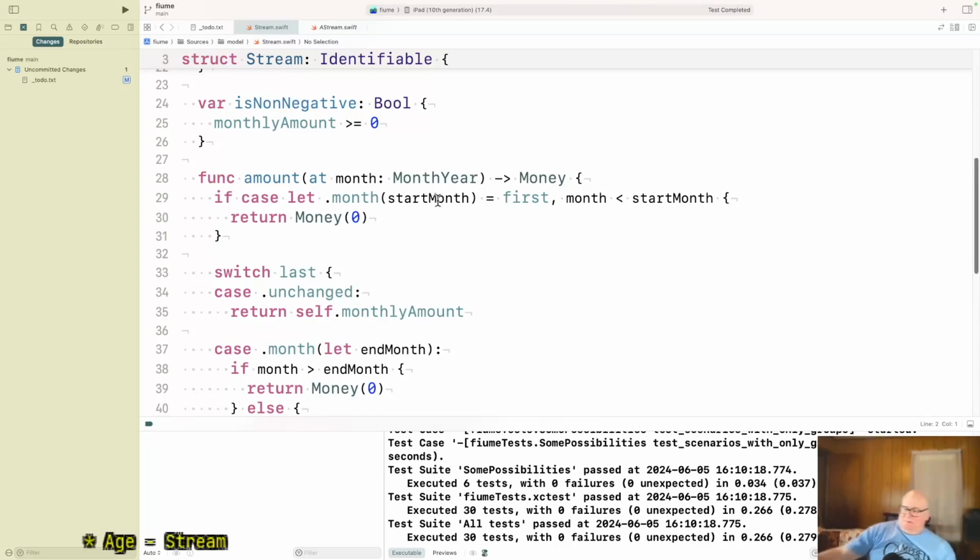So I feel like we're still missing a piece, right? If I tell you to calculate the value at a month year for such and such an age. Oh, I had said we wanted to do person and age. Okay.